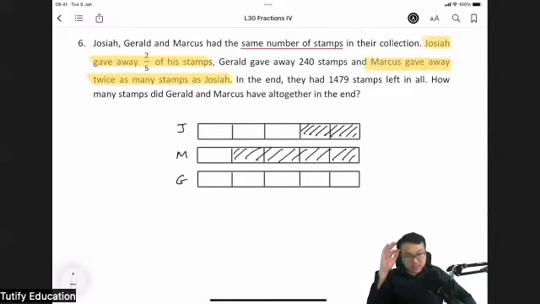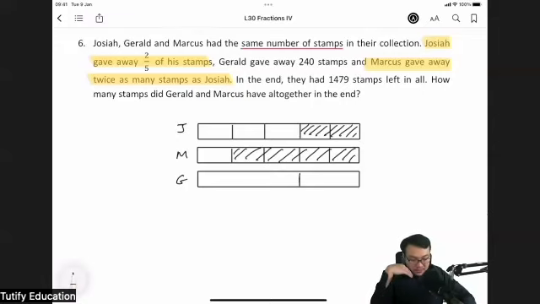Okay, this is what he gave away. Now let me ask you, how many did Gerald give away? 240 stamps. Do I know how many units is 240? No. So I just need to make a guess. I'm going to draw some, but I'm not going to draw a line here.